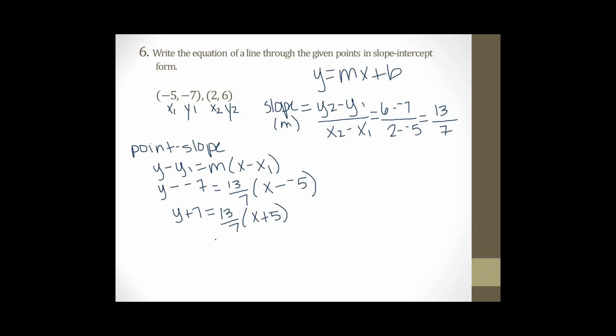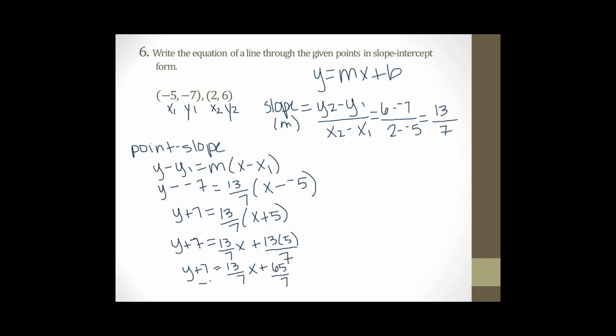And now I need to distribute the 13 over 7. So that's going to be 13 over 7x plus 13 times 5 over 7. And on the left we still have y plus 7. So that's basically going to be y plus 7 equals 13 over 7x plus 65 over 7.